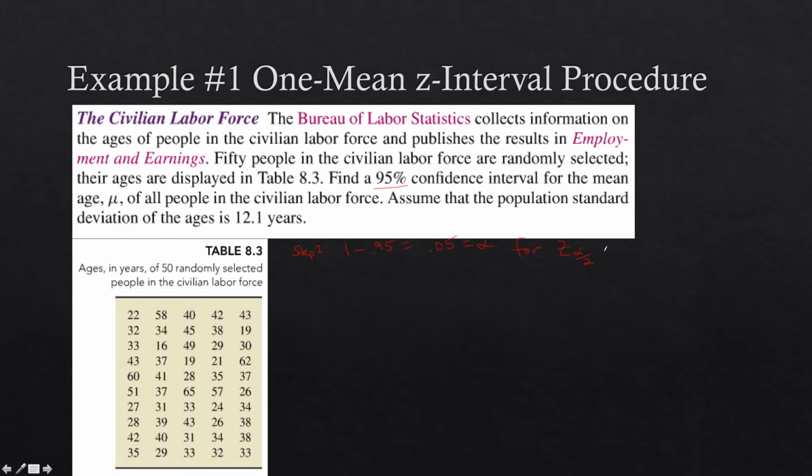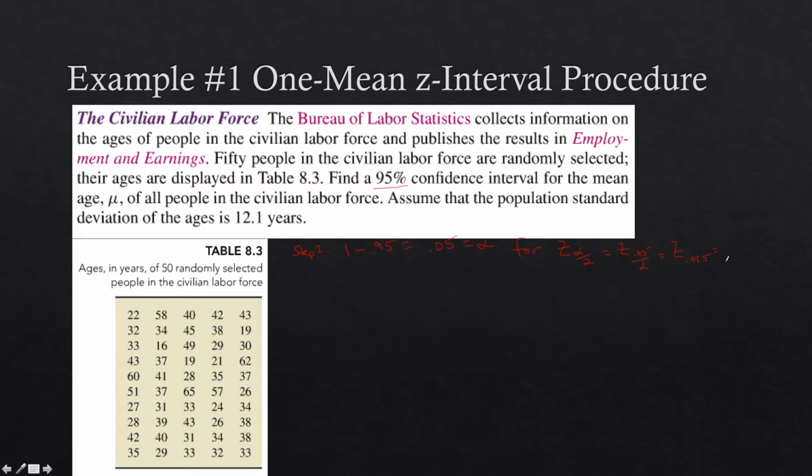Based on our procedure, we're going to have to use z sub alpha divided by 2 to help us get our confidence interval. So go ahead and substitute in 0.05 divided by 2, and that gives us z sub 0.025.